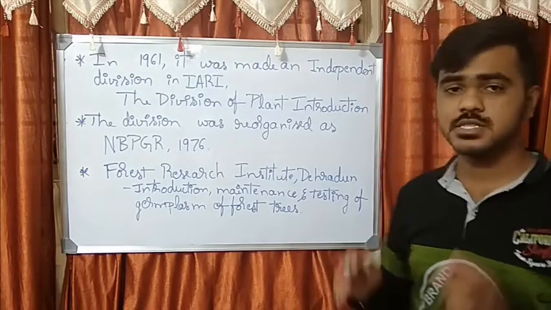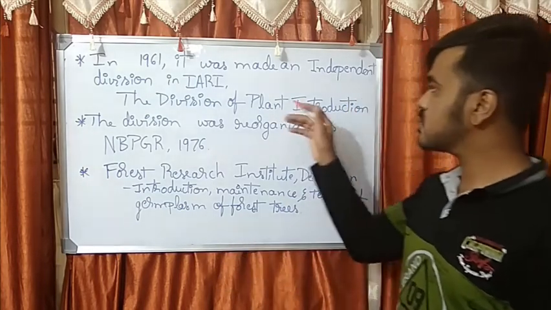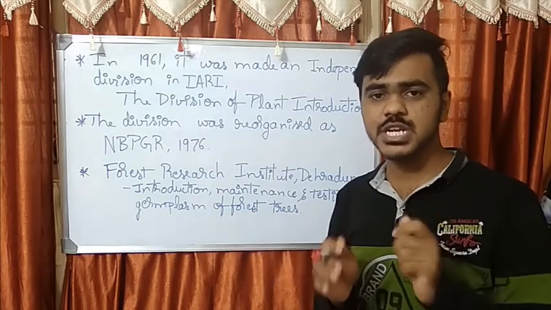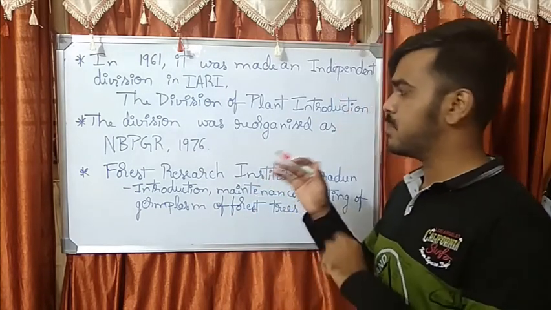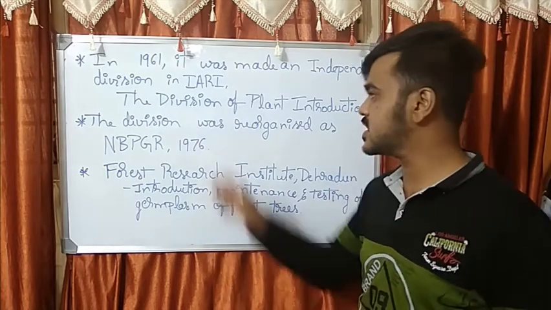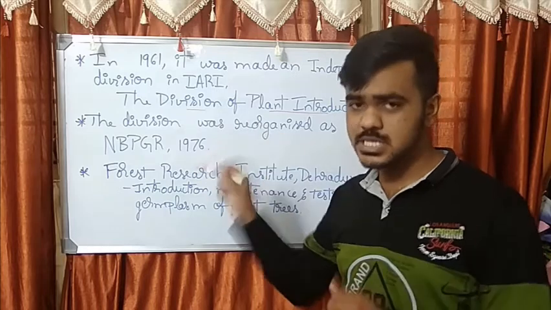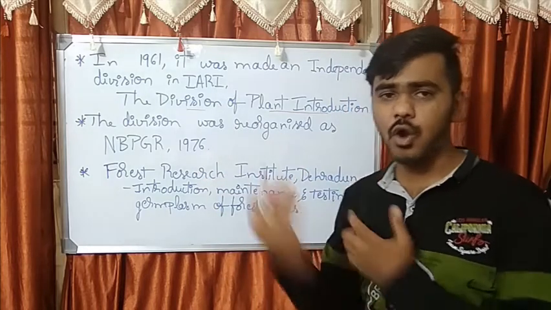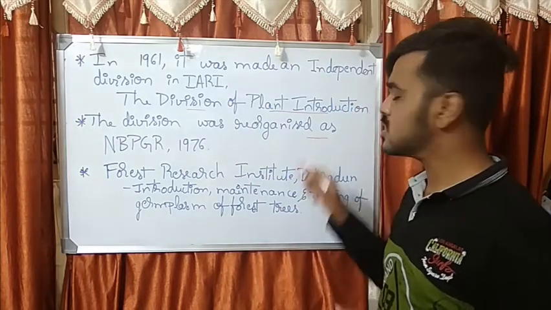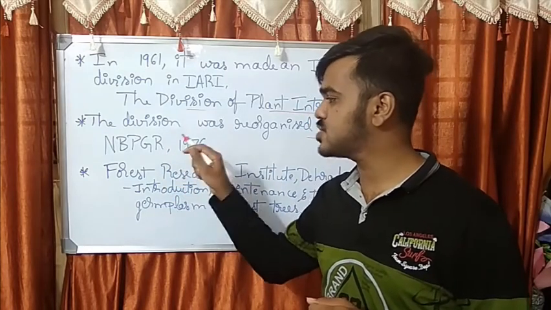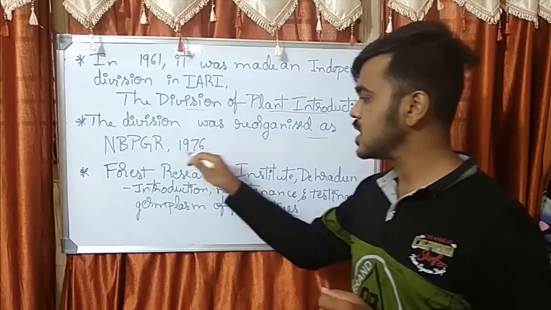In 1961, it was made an independent division at ICAR-IARI. Before that, it was under the botany division, but now it was made an independent division, the division of plant introduction. And this division was reorganized into NBPGR, the National Bureau of Plant Genetic Resources, in 1976.